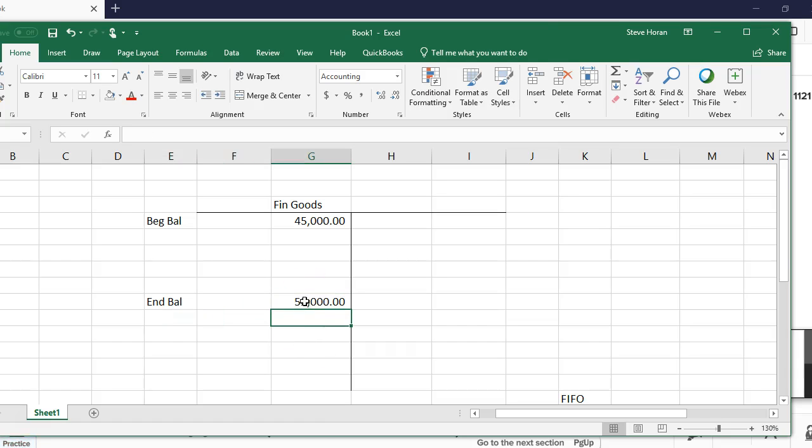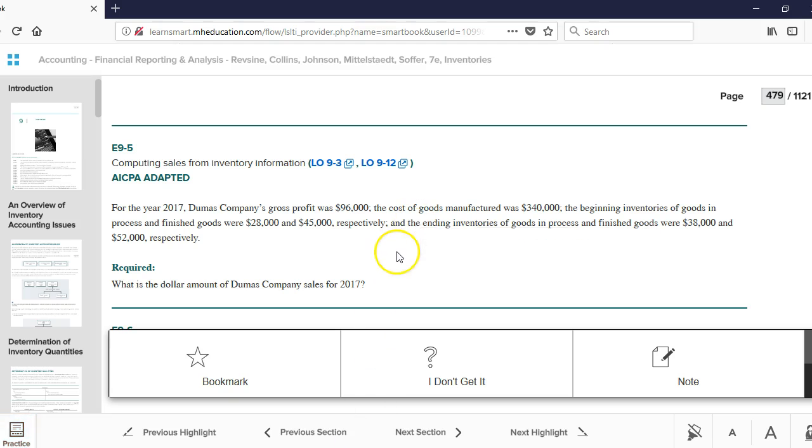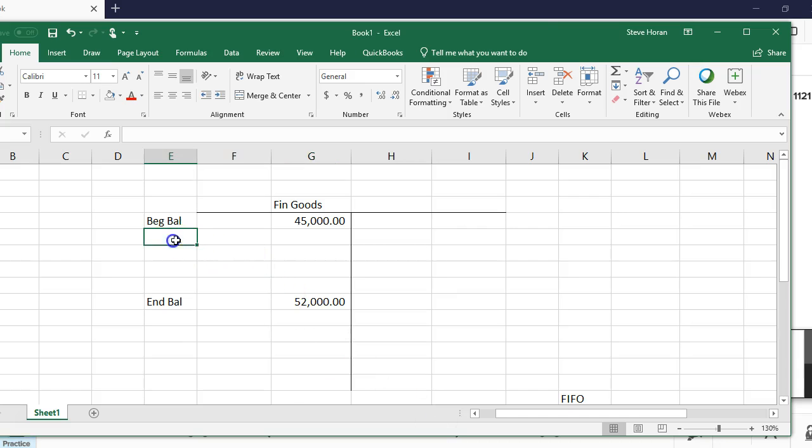Now, they also gave us cost of goods manufactured. They said 340,000. So COGM, cost of goods manufactured, 340. And the question is to solve for cost of goods sold.